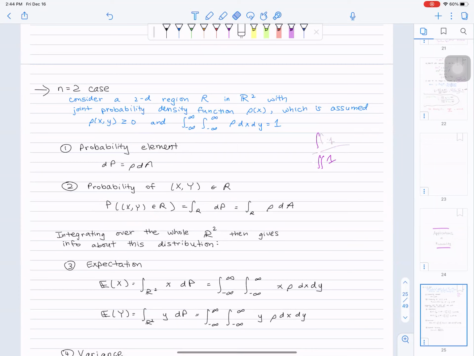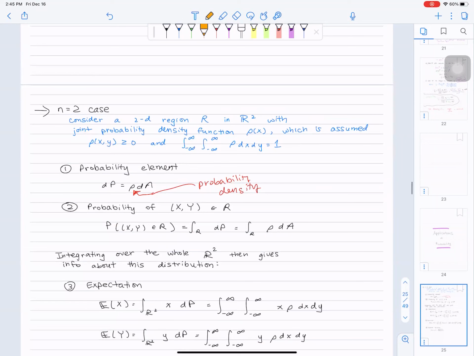One thing to note here is that this rho here is the probability density. This is different from the density that we just worked with above, like in mechanics or the other applications, where the density could be anything we want it to be. That was just regular density.